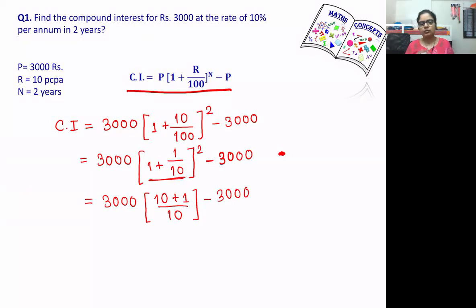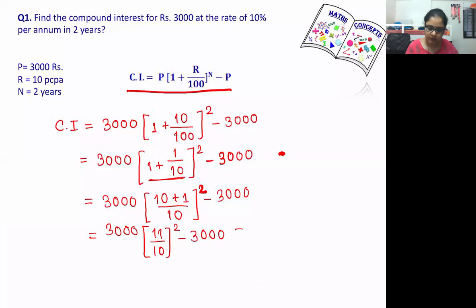But we will try to simplify it because we have to find the square. The smaller the number, the easier it is to calculate the square. Bigger the number, it's not difficult, but you might take more time. That's why we have reduced it to the lowest form. Now this becomes 3000 into 10 plus 1 is 11 upon 10 raised to 2 minus 3000.